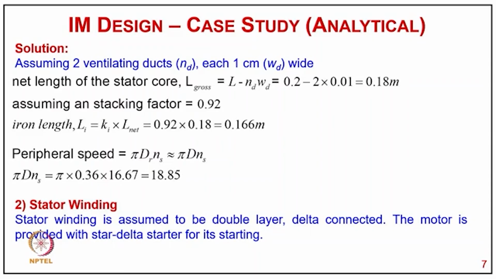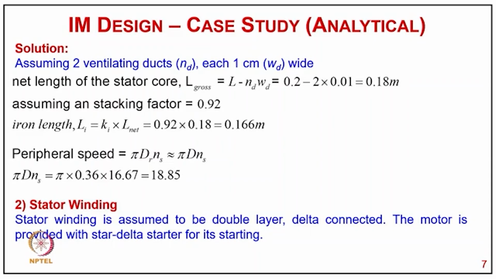Now taking that factor, the effective iron length, or stack length, is Li equal to Ki into L net, with Ki equal to 0.92 and the net length 0.18. So it comes to 0.166 meter. That's the effective ferromagnetic material length in the stator, parallel to the shaft.